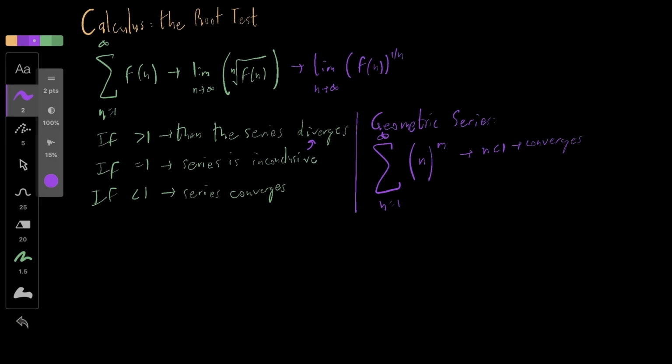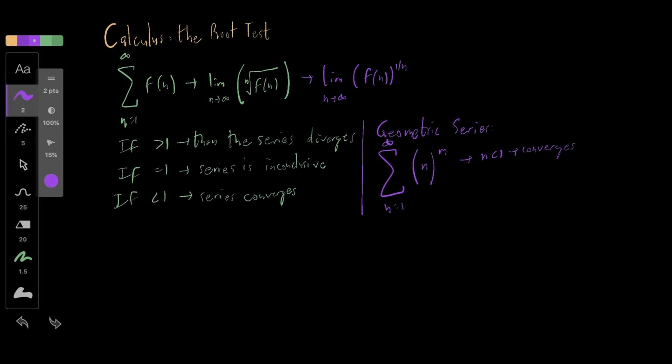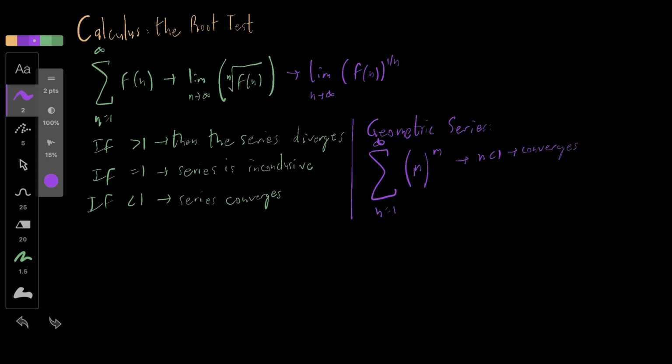Now, let me show you why the geometric series converges. Since we have this over here, we can do the root test on it. So, the limit as n approaches infinity of m to the n, and then taking the nth root, or raising it to the power of 1 by n, gives us the limit as n approaches infinity of m, which is just m.